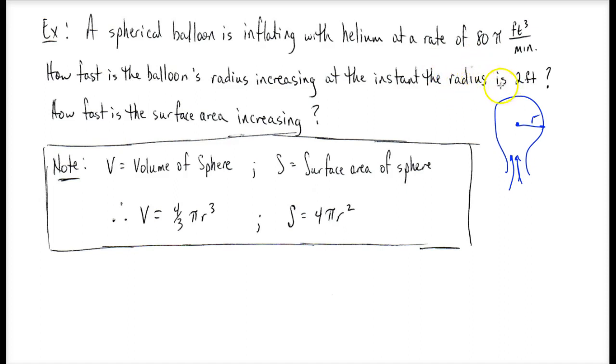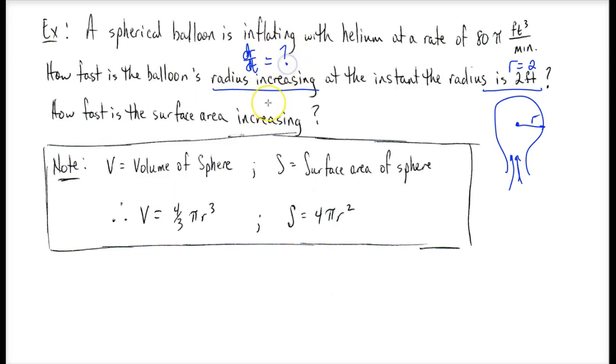So, low-hanging fruit here, we know that if we let r be our radius, then r is going to be 2 if everything is measured in feet. We also know radius increasing is a buzzword to let us know that we're talking about derivatives. So this would be dr over dt, or the rate of change of radius with respect to time, which is in minutes in this case.